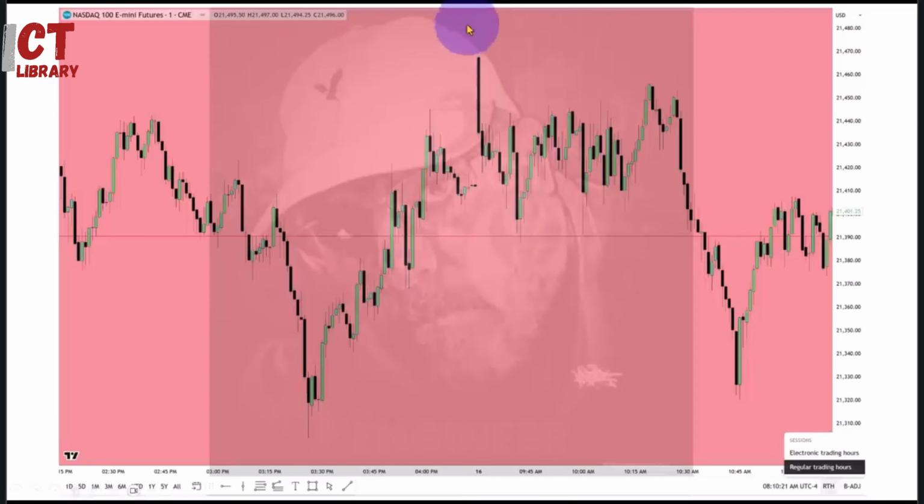So it's not showing you all the fluctuations in price overnight in Asia, in London, and then before the new AM session at 9:30 Eastern time. So you have to be aware of that price action still, but you can't ignore regular trading hour structure, which is what we're showing here, okay?